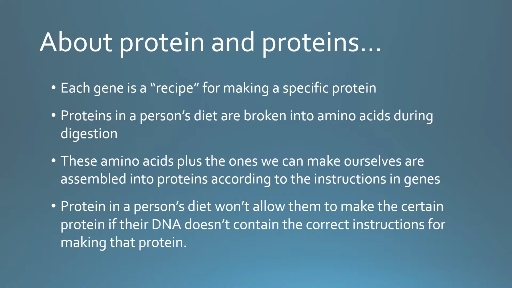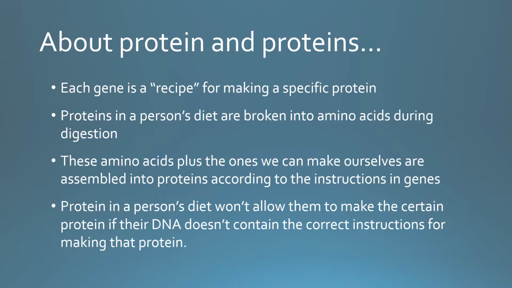Okay, so what is a protein? A protein is a chain of amino acids. And you can think of protein in your diet. That's a protein from some plant or animal. And when you digest it, you break up the protein into its component amino acids.